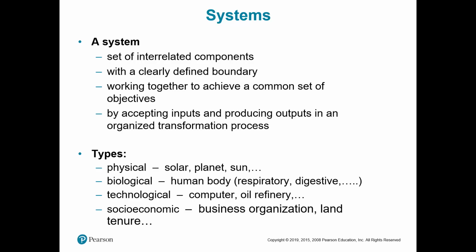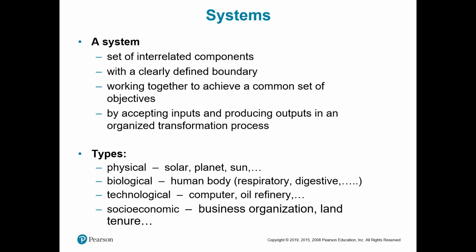And there are different types of systems. We have physical systems, we have biological systems, we have technological systems, and then we have socio-economic systems. These are all different systems. We are not looking at technology in this context, but we are looking at systems in general. So when we look at systems in general, there are different types. We have physical systems like the solar system, the planet, the sun. These are all systems.